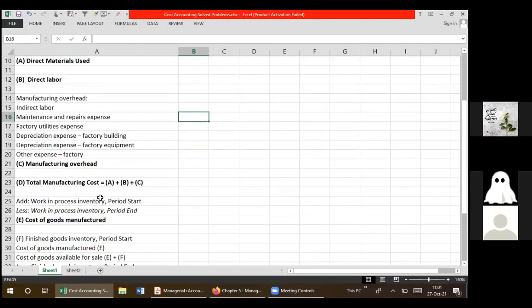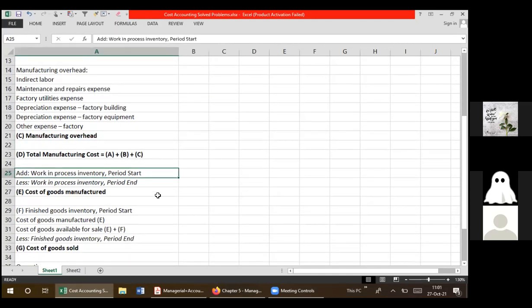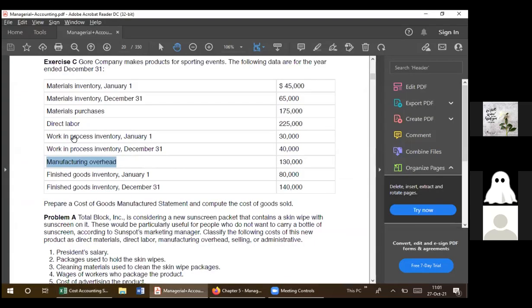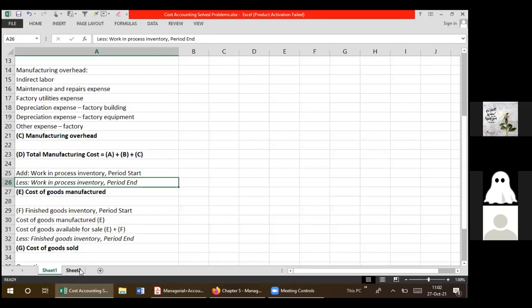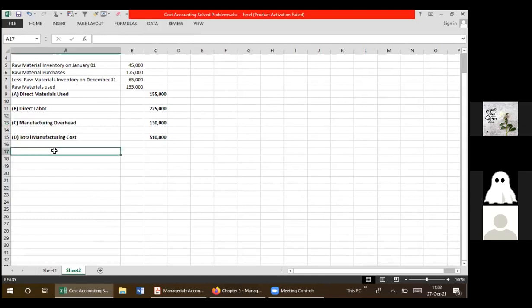What's the next step? After total manufacturing cost, the next step is work in process inventory period start and less work in process inventory period end. Do we have those? Yes, we have work in process inventory for January 1st and 31st of December. So we take both of these for our solution.